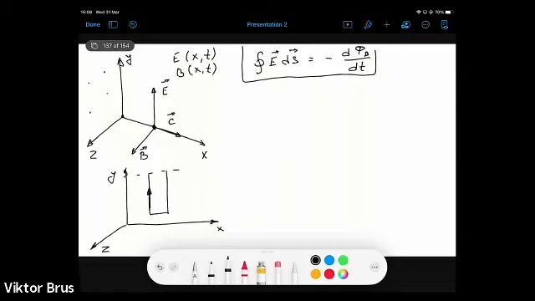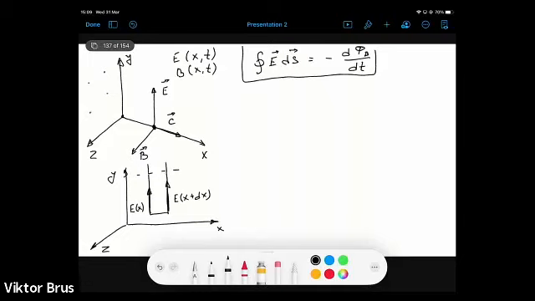So here are vectors of the electric field. This vector is E as a function of x. Here is E as a function of x plus dx. So it's at a certain instant of time. Time is a given number which doesn't change. So we just consider changes of the electric field vector as a function of coordinate.